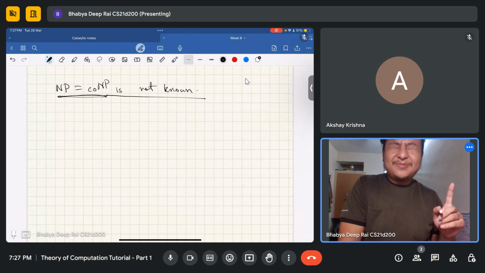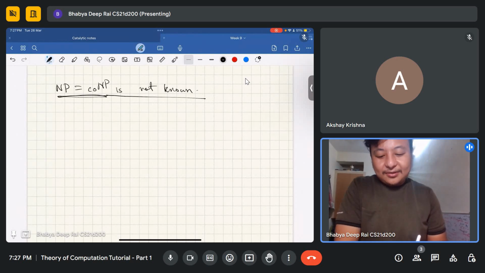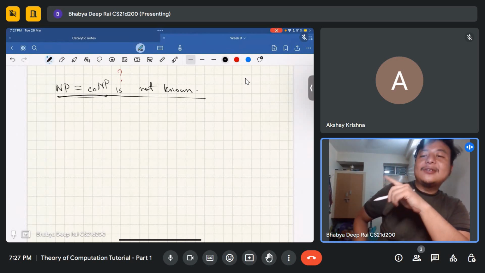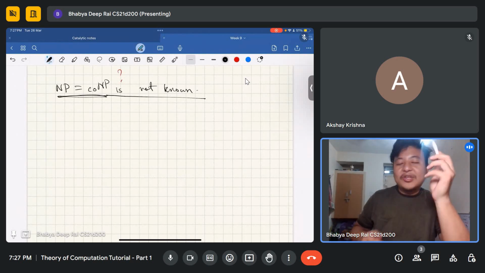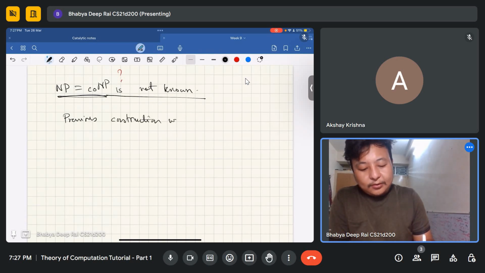P and co-P are known, right? P is nothing but co-P, but this is not known. And if you try to do the same construction that we did before, yes to no, no to yes will not work. The previous construction will not work.